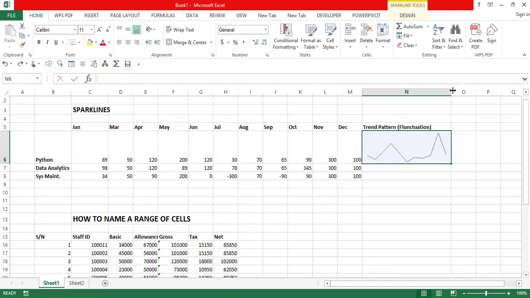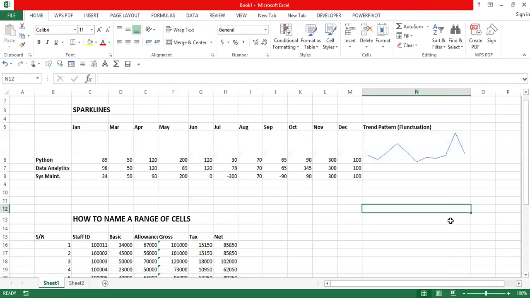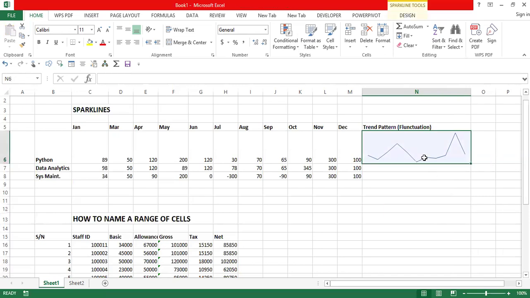It's more visible, and it will give you more clues. Okay, so that's how sparklines work.